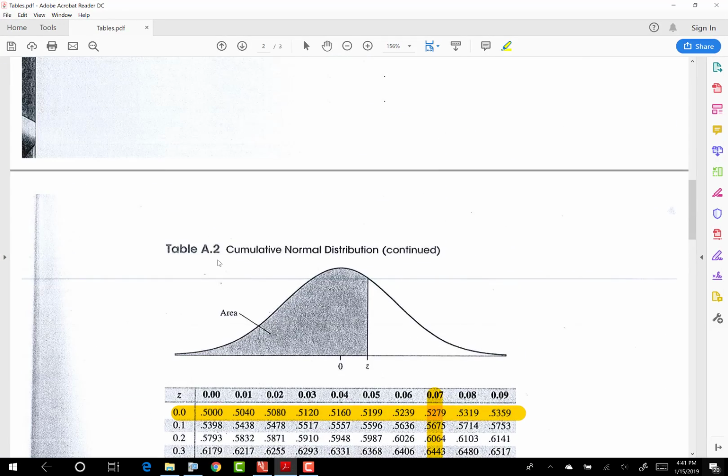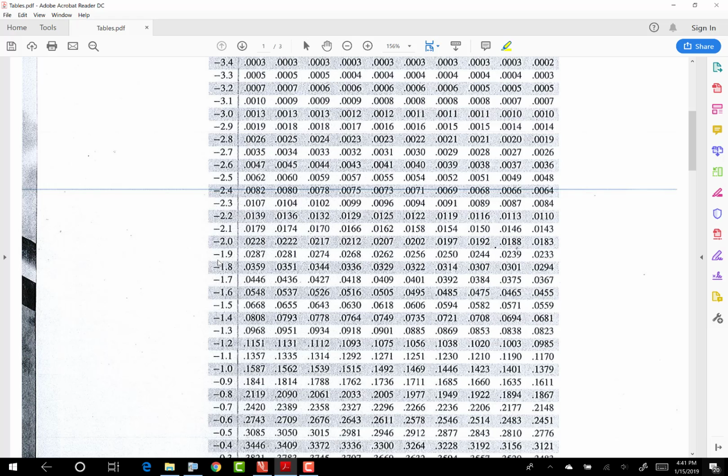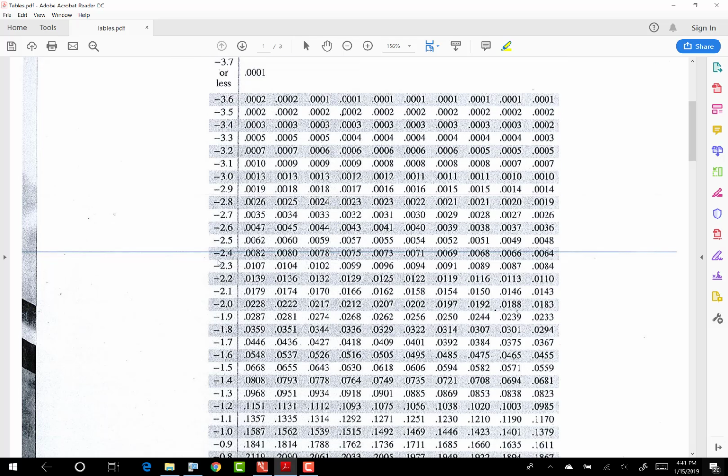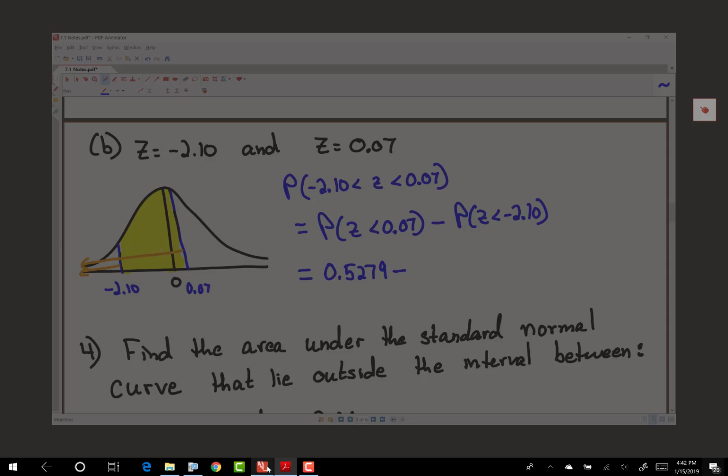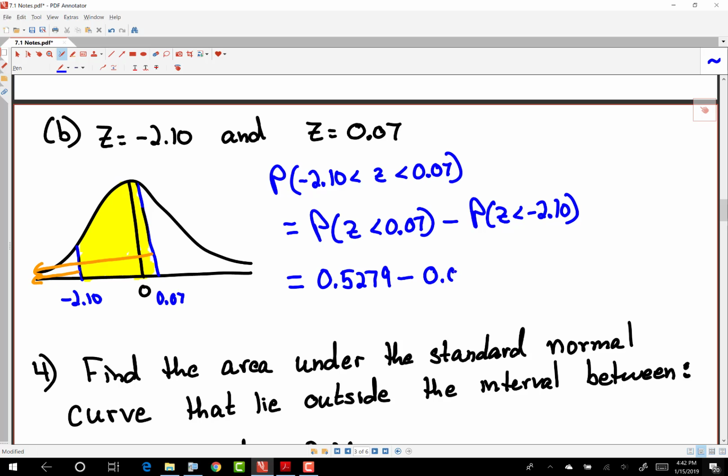For negative values, you're going to use the first page, and it's negative 2.1, which is right here. The hundredths place is 0, so that's your first column, and so we get 0.0179. If you do that subtraction, we get 0.5100. So 51% of the area is between those two values.